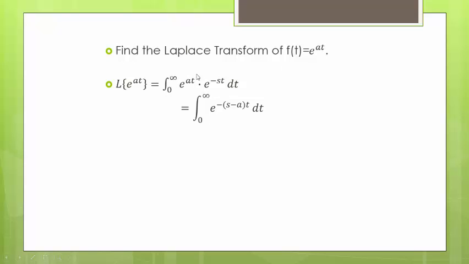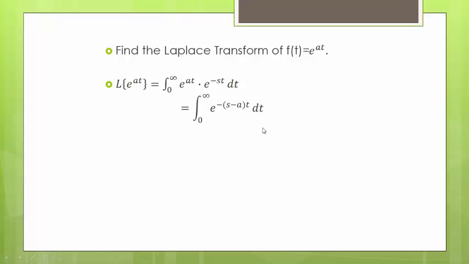So inside this improper integral, I can go ahead and combine those two terms. You would find the sum of the exponents. I have written that, I realize, in kind of an odd way. You'll notice you have at minus st. So you might think of that as quantity a minus s times t. I have factored out a negative, and I do have a reason for that.